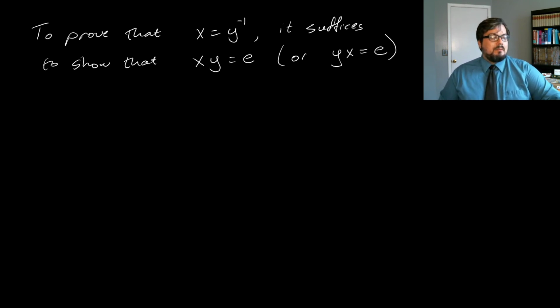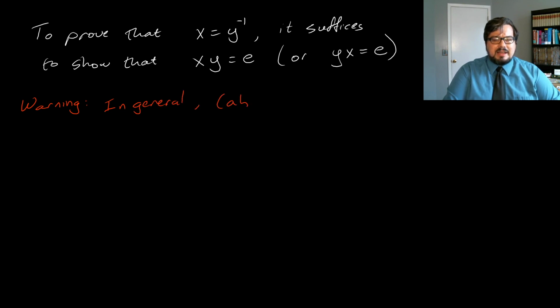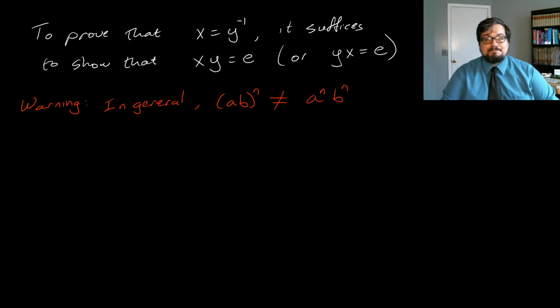One of the most important things to remember when looking at groups is the possibility that they may not be abelian. So, as a warning related to the notations we had before, in general, ab raised to the n is not equal to a to the n times b to the n.